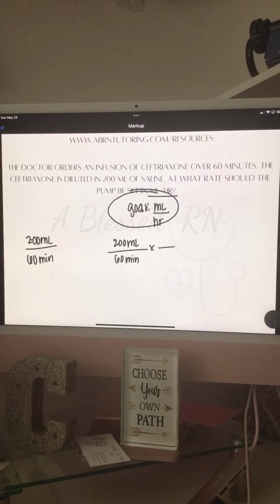We could have easily converted 60 minutes to an hour on this one, but I like to keep it consistent because with dimensional analysis, the way that you do one is the way that you're going to do all of them. So until you get comfortable and you get that little swag about yourself, I'm going to show you how to do it the same way every single time. So I know I need an hour at the bottom, so I know that 60 minutes equals 1 hour. Minutes cancels out, and now you have milliliters per hour at the bottom. So that's going to be 200 milliliters per hour.